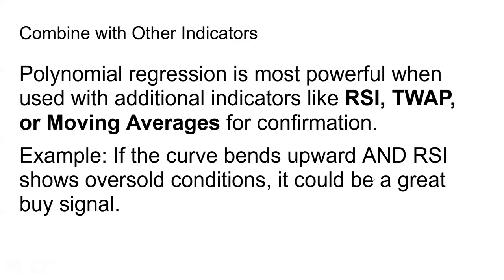Combining with the RSI and TWAP shows increase, average price increase. Say, for example, you are on the 15-minute time frame, and the next follow-through candle, the average price is increasing, and RSI is in oversold condition, and the curve is also bending upwards, then it is a perfect setup for you to go long in that condition.